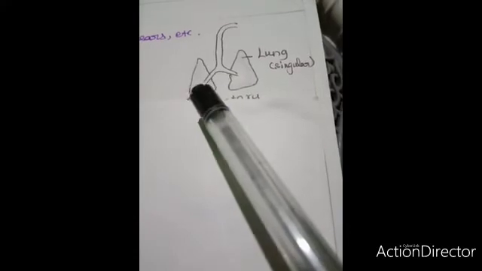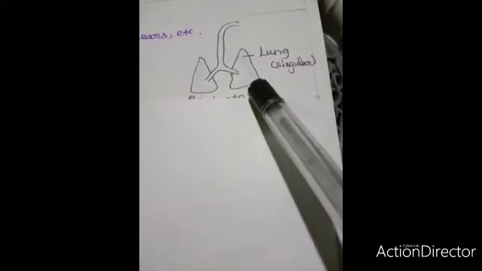In a respiratory system, we have a pair of lungs, right lung and left lung. In singular, we call it lung. In plural, it is called lungs.